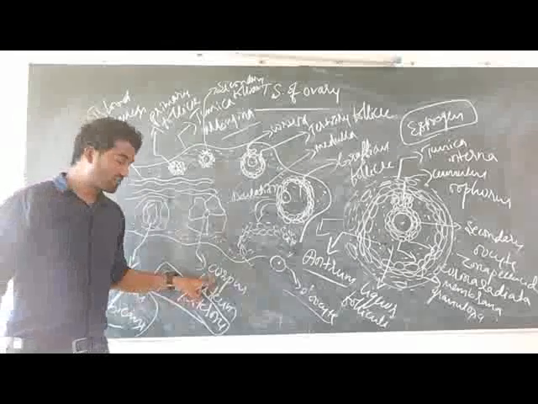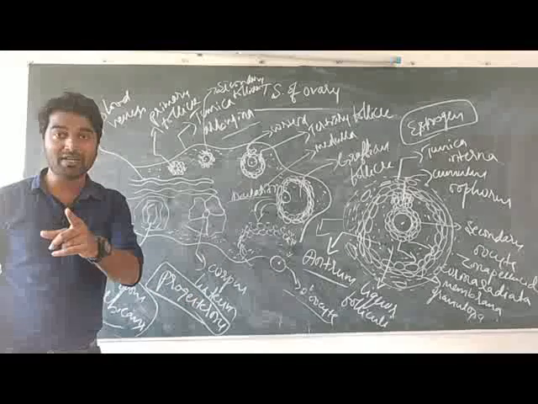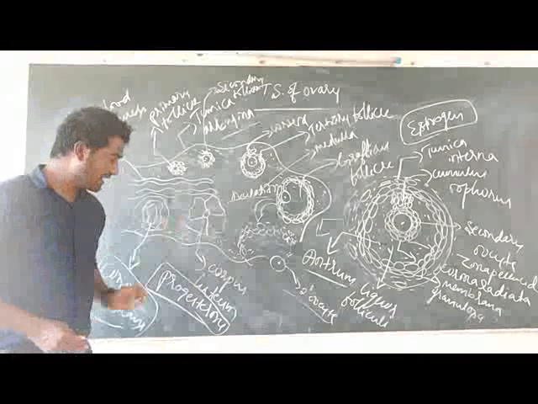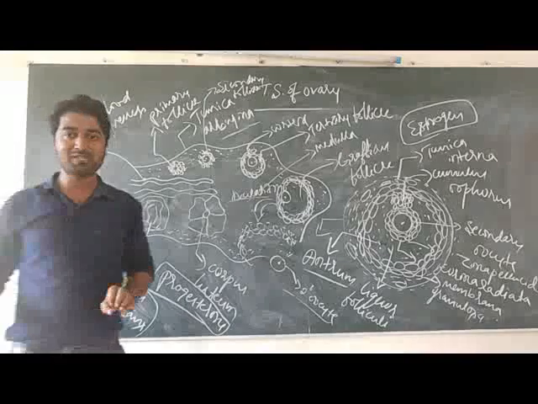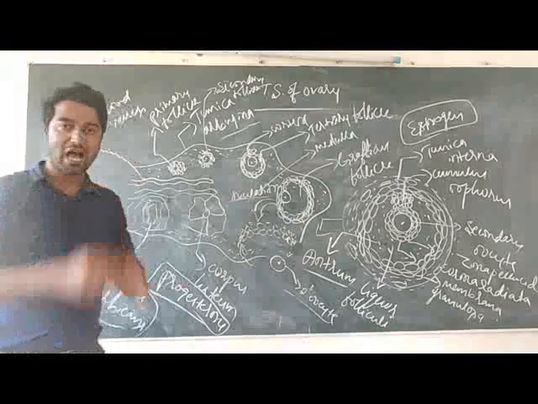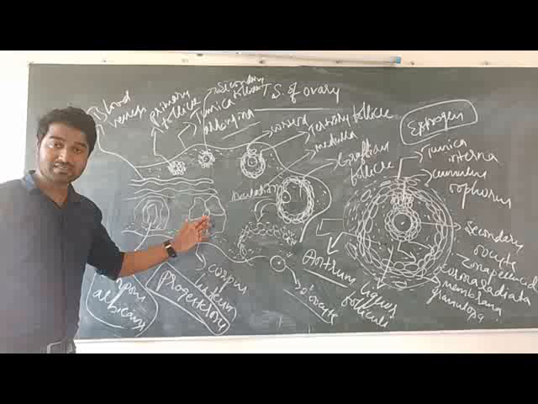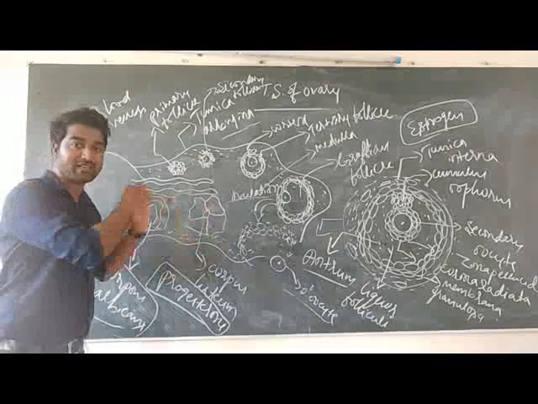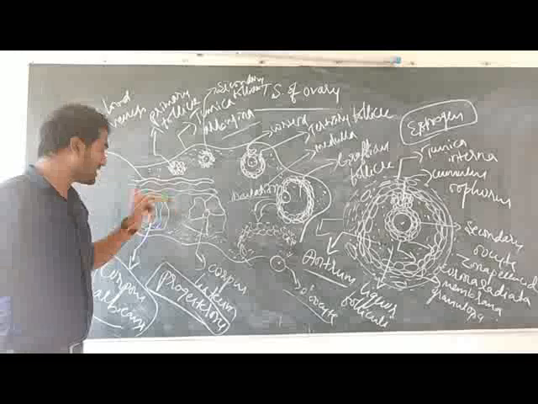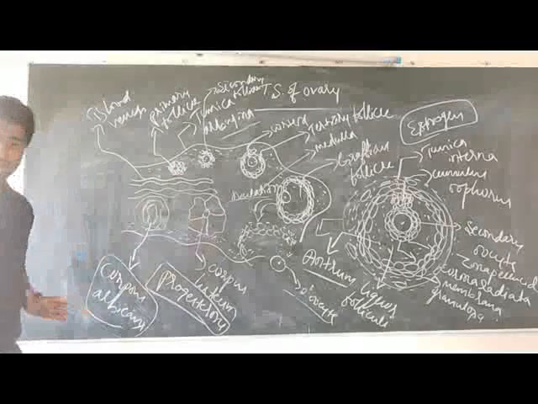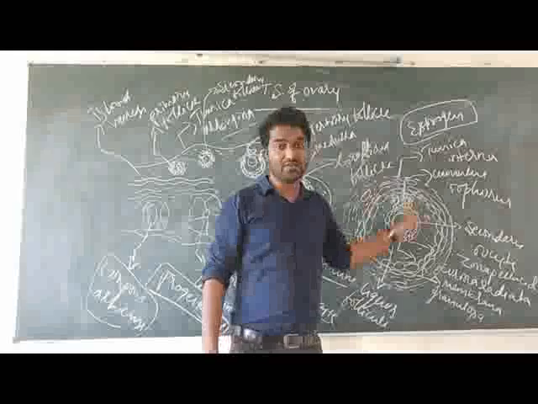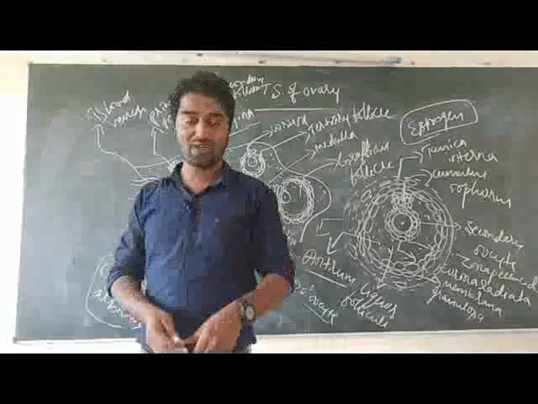The reason is this corpus luteum acts as a temporary endocrine gland in the female body, which secretes progesterone hormone. And if fertilization does not take place, the corpus luteum changes into corpus albicans. And for your NEET exam, this structure is also very important, that is the structure of the Graafian follicle.